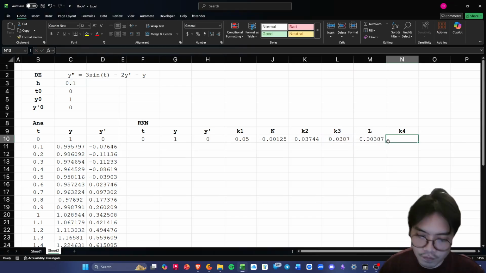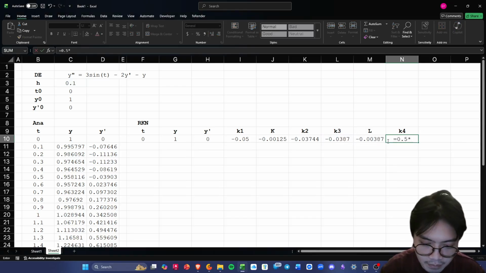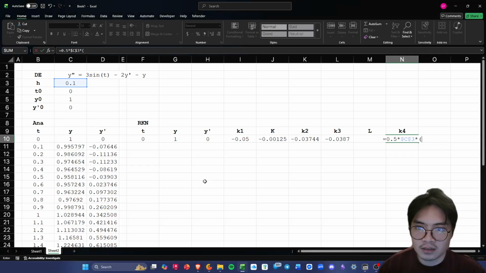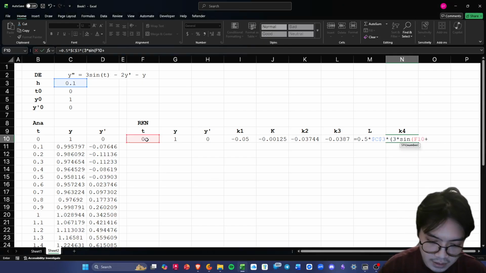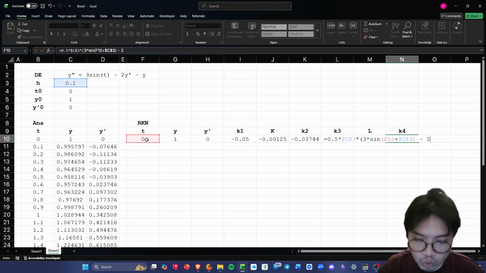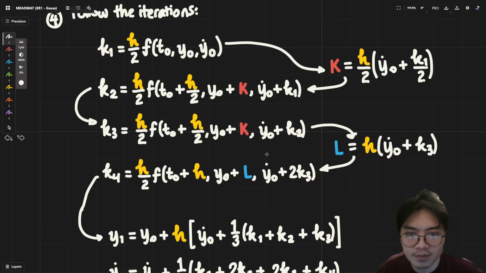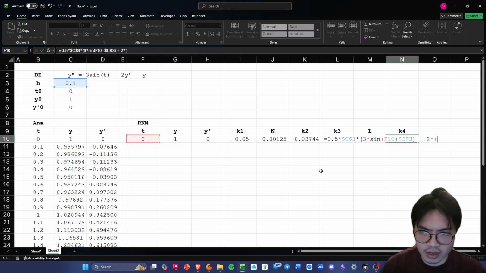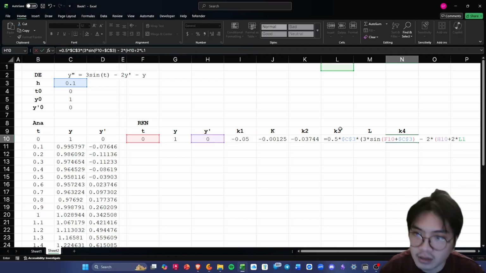And so your K4 finally will be another half step. Then a full step now, right? What you will have is 3 times sine of t plus full step. Minus 2 times, instead of y prime, what you will get is y prime plus 2 times k3, which is going to be L10.